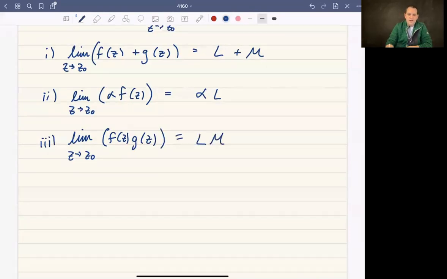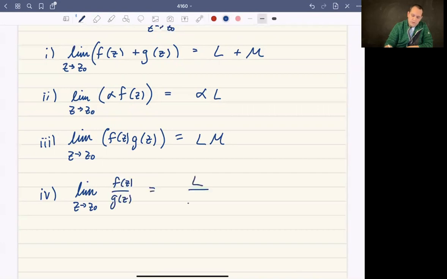So it would just be L times m. And then finally, the limit as z approaches z naught of f over g will give you L over m, assuming m is non-zero.